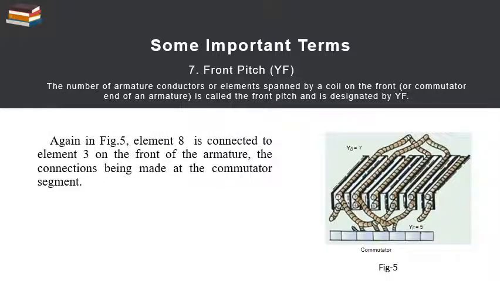Again, we can use figure 5. Element 8 is connected to element 3 on the front of the armature, the connection being made at the commutator segment. Hence, front pitch YF is equal to 8 minus 3, which is equal to 5.